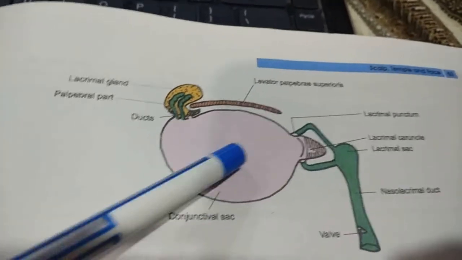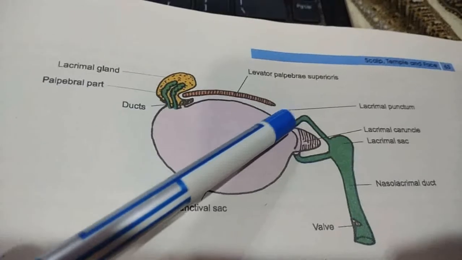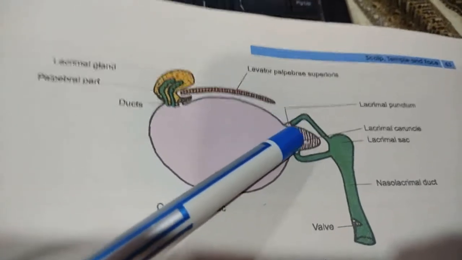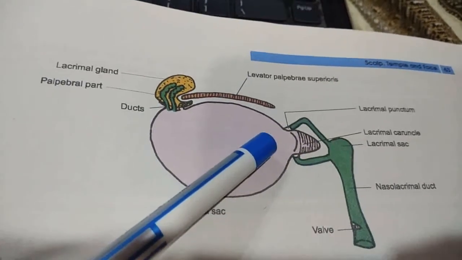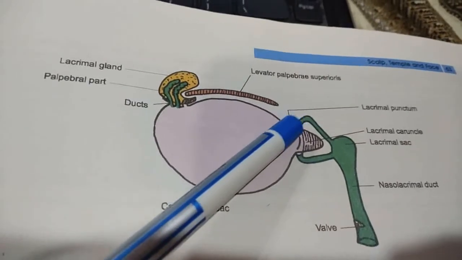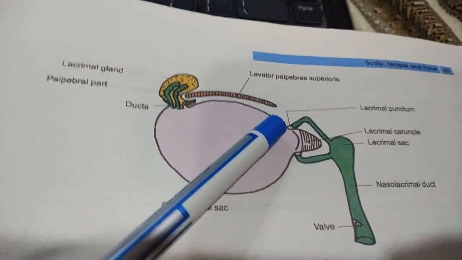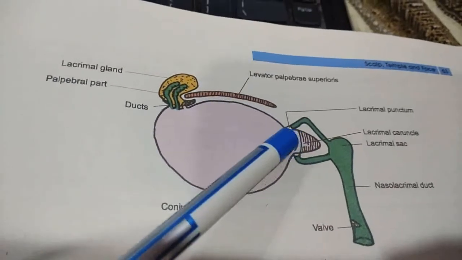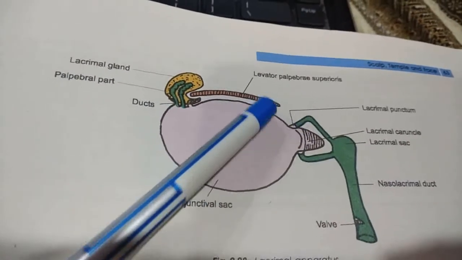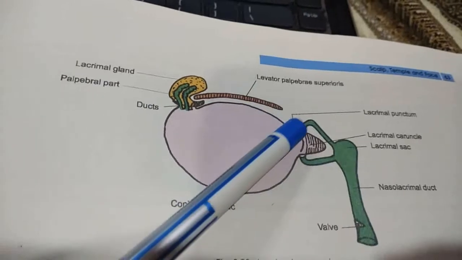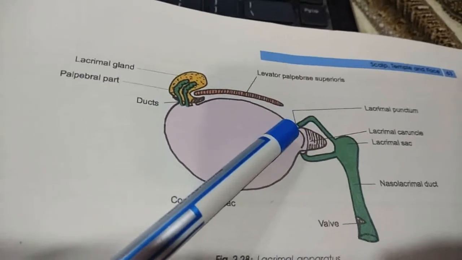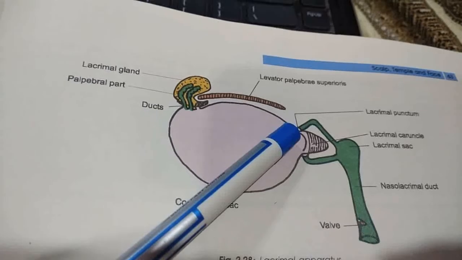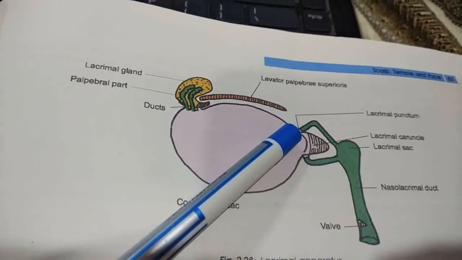Lacrimal punctum. Next we are seeing the features of the lacrimal punctum and canaliculi. Each lacrimal canaliculus begins at the lacrimal punctum, the junction between the conjunctival sac and the canaliculi, and is 10 millimeter long.